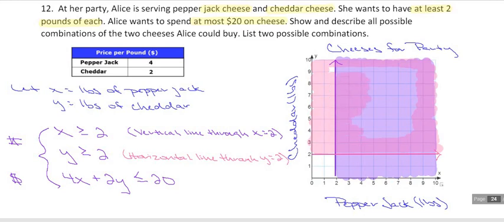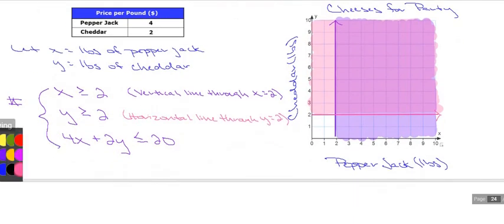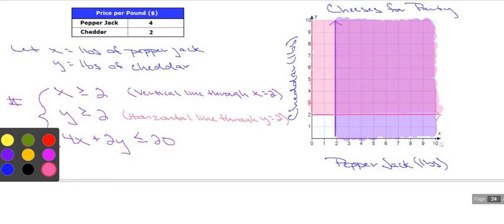Okay, so at this point, where we have both types of shading is a nice little rectangle over here, right here. Okay, so where our purple line is on the left, our pink line is on the bottom. Now we need to take into consideration our money inequality. We can graph this however we want.